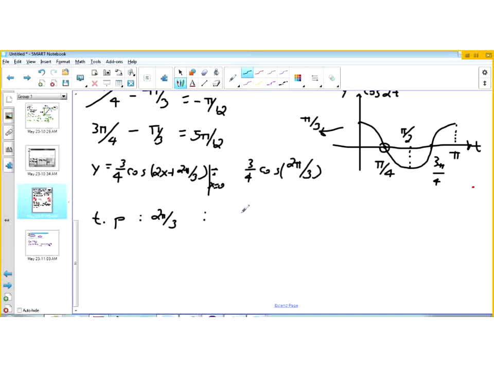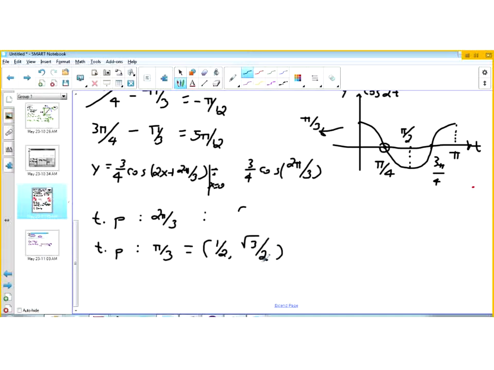Okay, so from the previous lecture, we know that the terminal point for pi thirds, we proved that, and I asked you to memorize that, is 1/2, square root of 3 over 2.